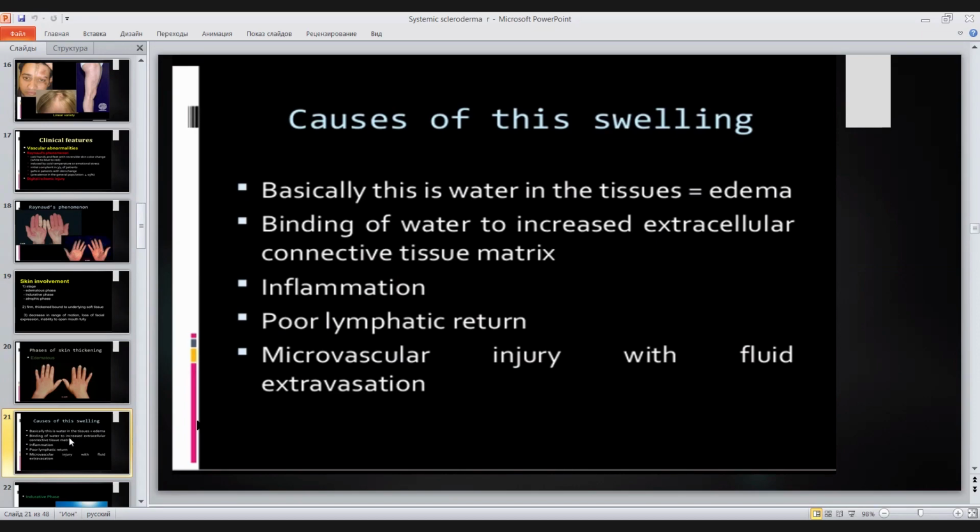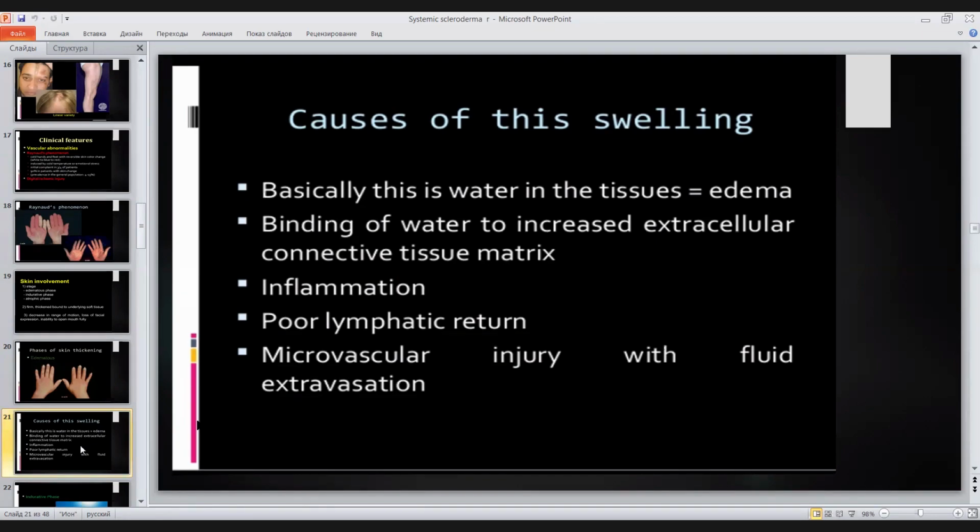Because of problems with vessels, they already have fibrosis of small arteries. That's why there will be bad return between lymph vessels, vein vessels and arterial vessels. And also, of course, there will be inflammation, which might sometimes cause a little bit of edema.